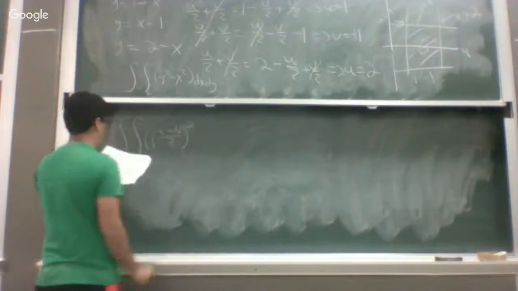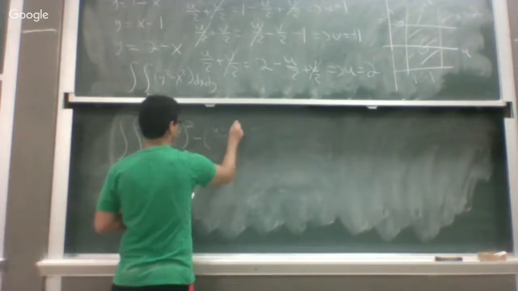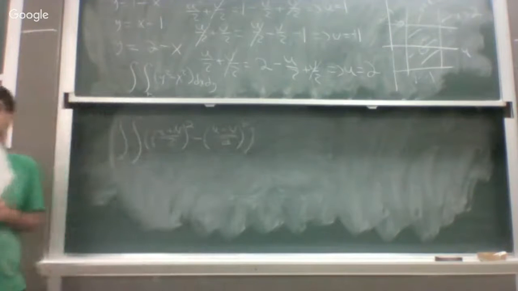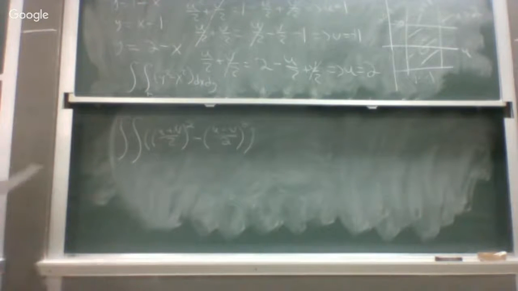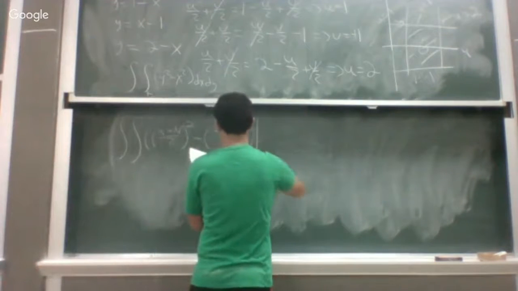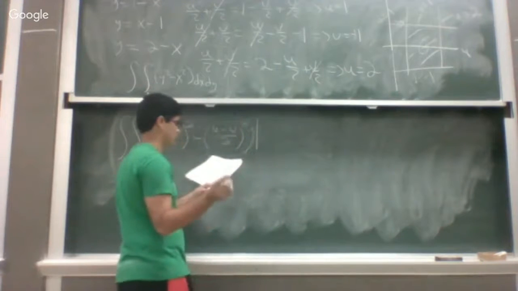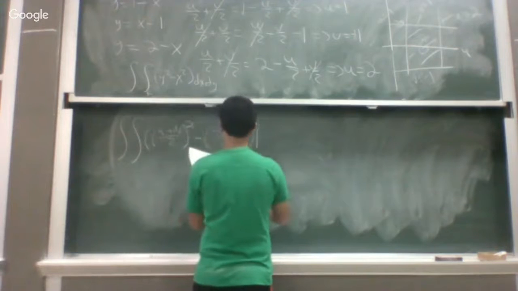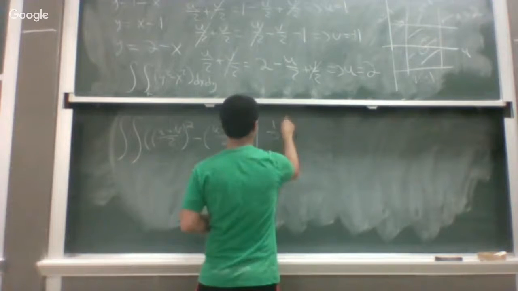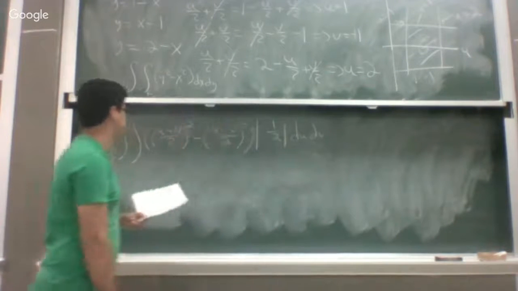So that quantity squared minus the quantity u minus v over 2, that quantity squared. Okay. So now what do we need to multiply by? The absolute value of the Jacobian. What was the Jacobian that we found? 1/2. So now we have du dv.